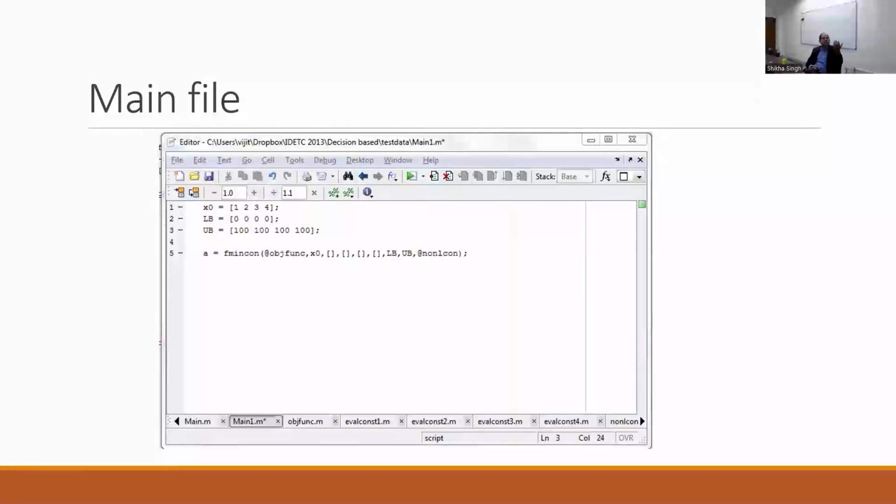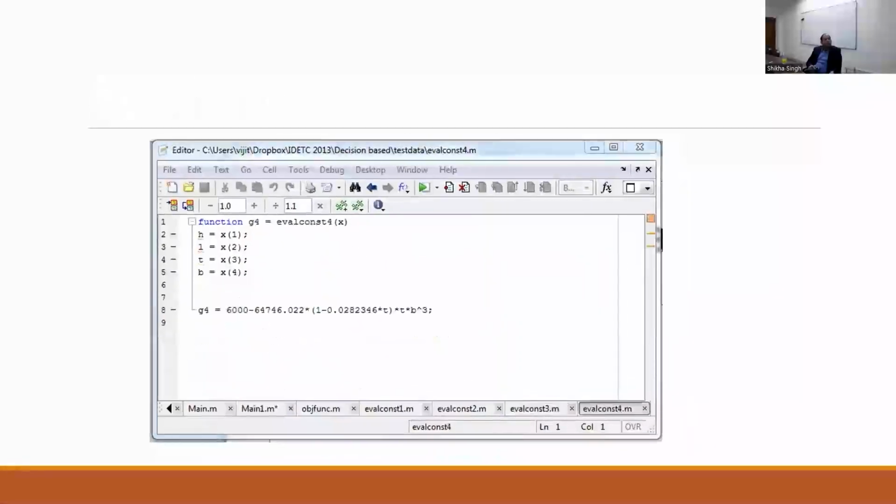What is x0, which is the starting point? You can select any starting point, and then you have the linear inequality and equality constraints, if I remember correctly, and then you have the lower bound and upper bound for all the design variables, which are 0 and 100, and then you tell it the name of where the nonlinear constraint lives. Okay, so fmincon is used for nonlinear optimization.